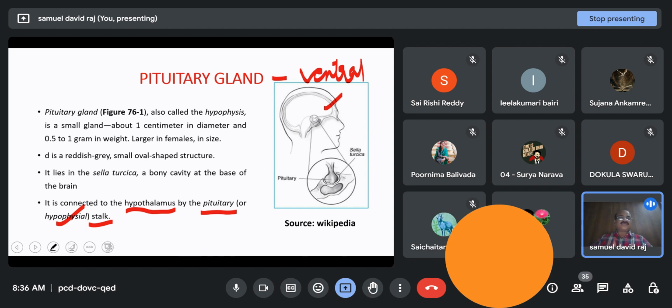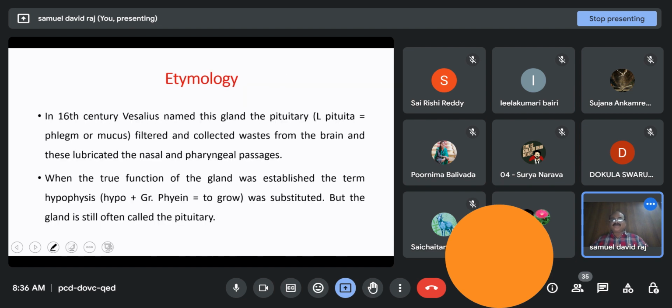Here there is a bone, this bone is called sphenoid bone. This shows this depression, sella turcica, in which this pituitary gland is lodged. And it is connected to the hypothalamus by a stalk.